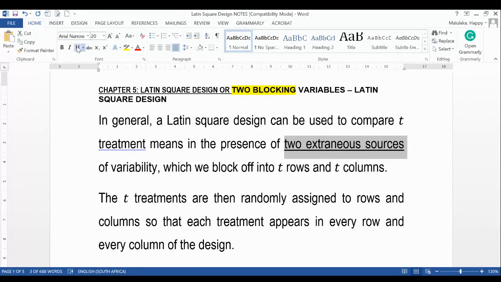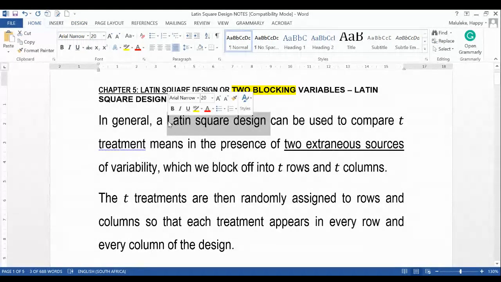But when you are busy with your experiment, you have a feeling that your results are affected by some sources. So you bring into consideration the thing you think is affecting your result, and you control your experiment using those variables. So in our case of Latin square design, instead of bringing one block, we are going to bring 2.